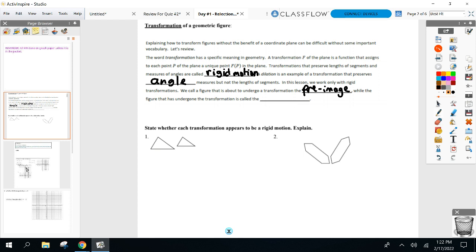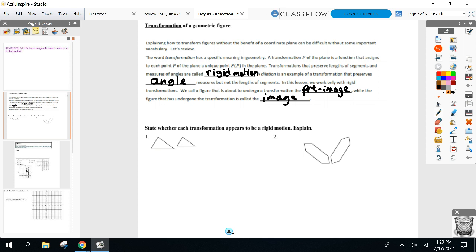We rotate it. We dilate it. The last figure we end up with is called the image. So I want to start using that vocabulary with you. What we start with is the pre-image. What we end with is the image. And in between, we got a transformation going on. Maybe it's a rigid motion, maybe it's not.